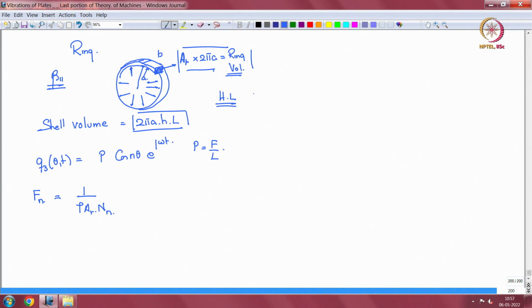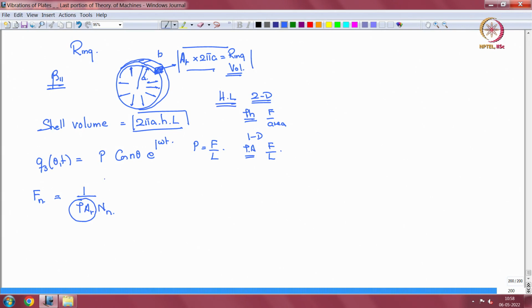We have throughout seen 2D surfaces where it is mass per unit area and force per unit area. The moment you come to 1D, it is mass per unit length and force per unit length. So here this part has to be mass per unit length instead of rho h.